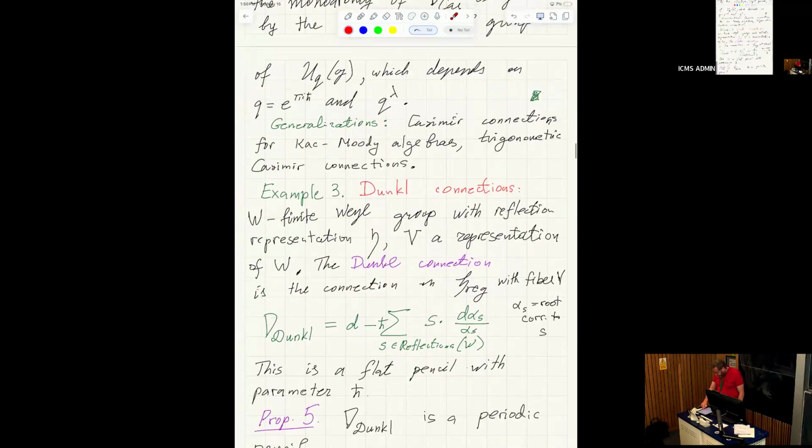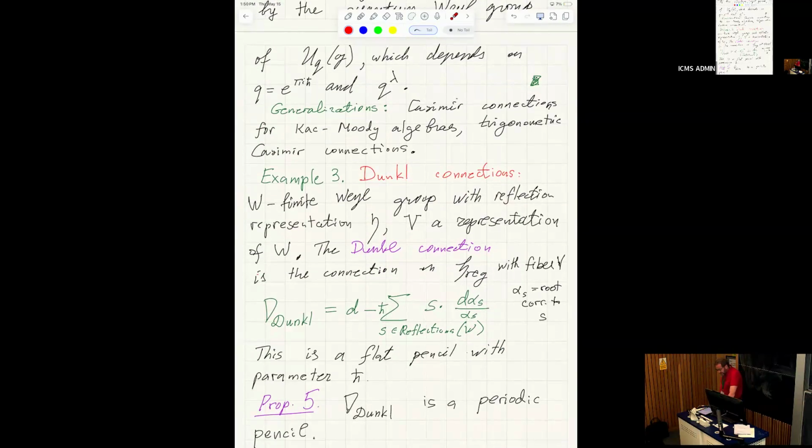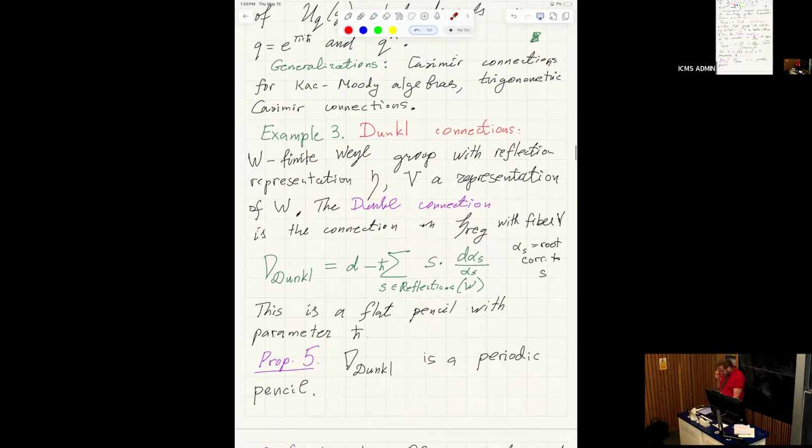And the final group of examples is the Dunkl connections. In this case, this is maybe the simplest to state. So we have W, which is a finite Weyl group with a reflection representation h. We have V, which is a representation of the Weyl group. And the Dunkl connection is the connection on the regular part of the reflection representation, with fiber being this representation of the Weyl group.